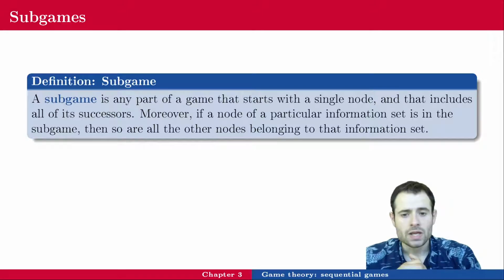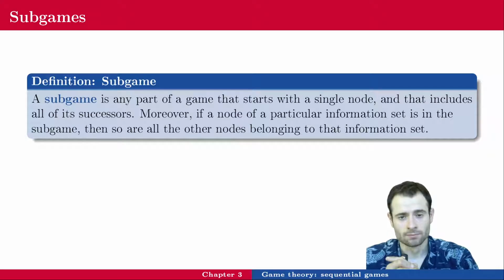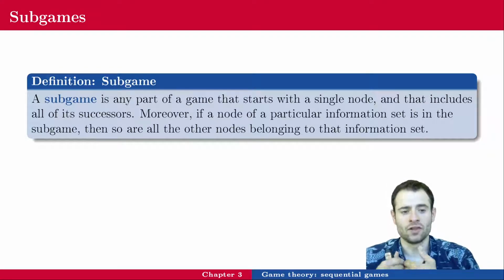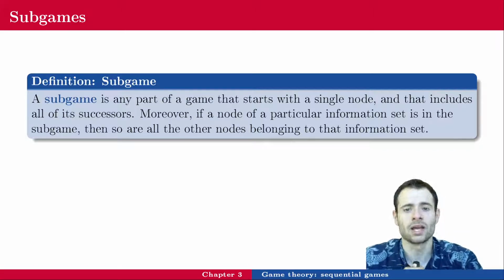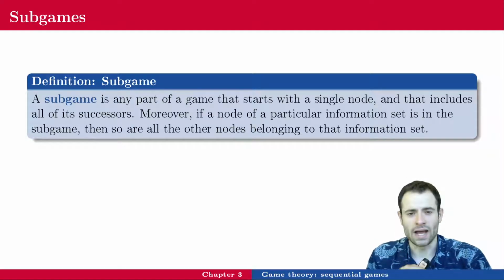Moreover, if a node of a particular information set is in the subgame, then so are all the other nodes belonging to that information set. Ignore the second part of the definition for now. I will talk about information sets in the second part of the lecture today. For now, we don't need to focus on that.